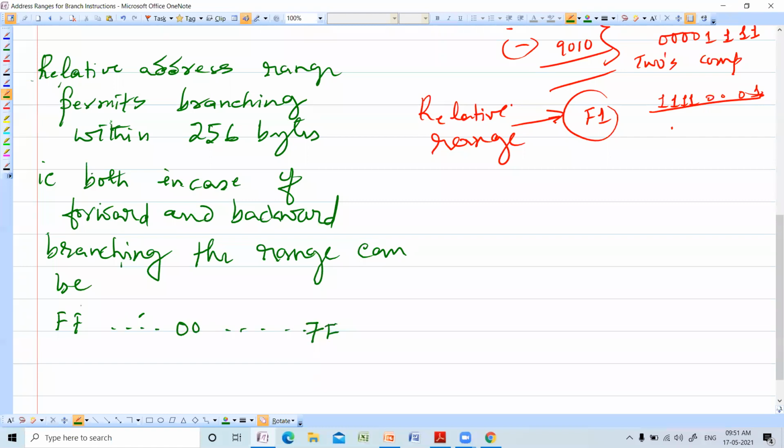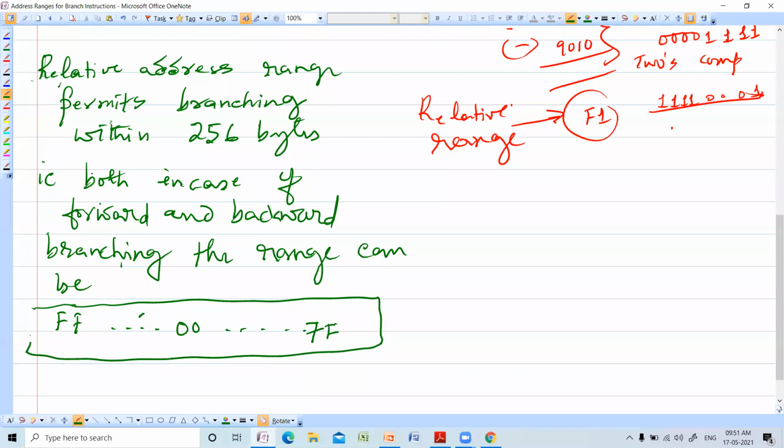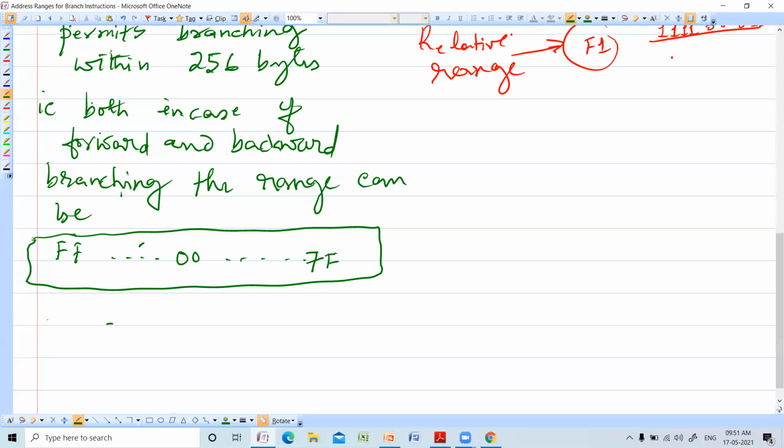Very, very important. That is, minus 127 decimal, 0, plus 128 decimal. It's very, very important. The range will be that.